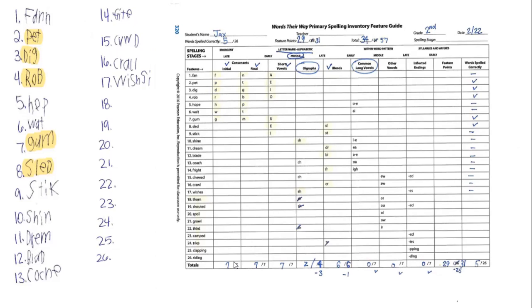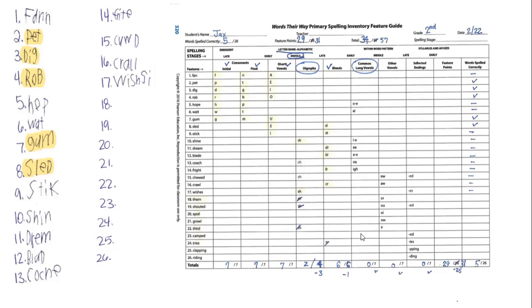He's got these early stages taken care of, the understanding the initial and final consonants in words, understanding the short vowels in words. And now we get to digraphs. And we see, okay, he missed a couple here. He missed a couple here, and then getting to blends. Actually, in blends, he did quite well.